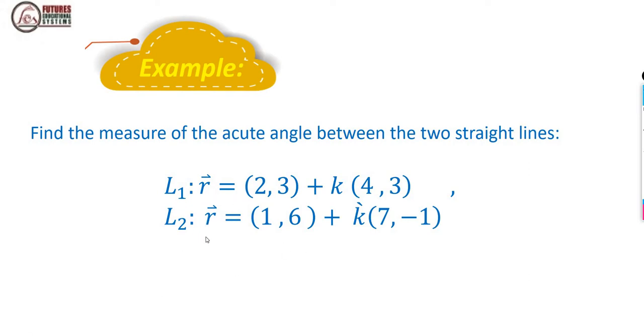The second vector equation: vector r equals (1, 6), a point lying on the straight line, plus k' (7, negative 1). (7, negative 1) is a direction vector on it. We want to get the angle between the two lines.